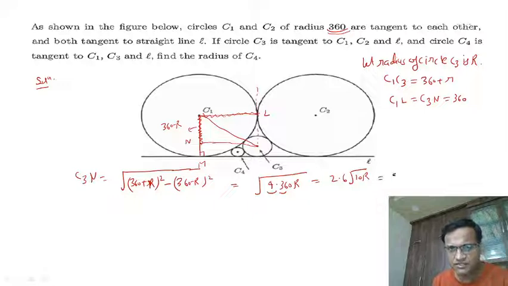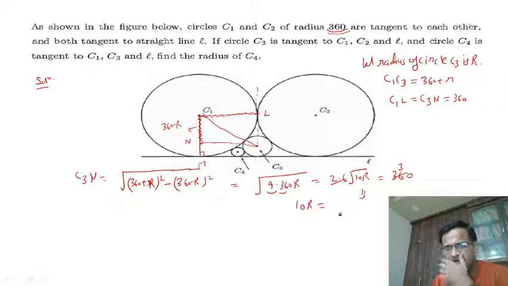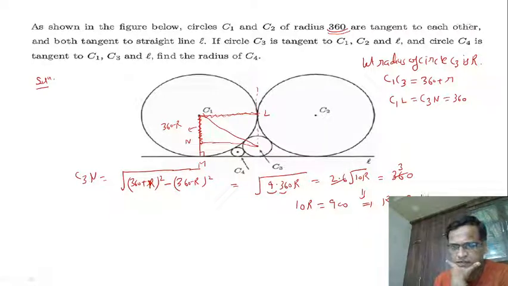So this length is equal to 360, meaning 12 root 10R equals 360. If we square this result, 10R equals 900. Therefore, the radius of circle C3 is 90 units.